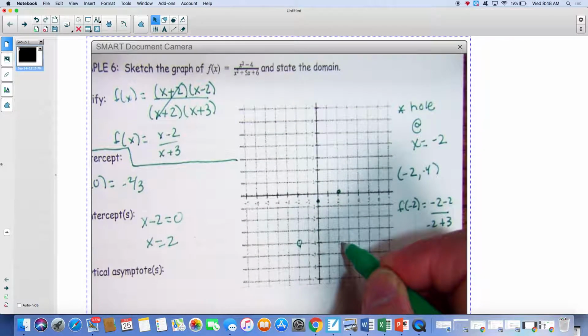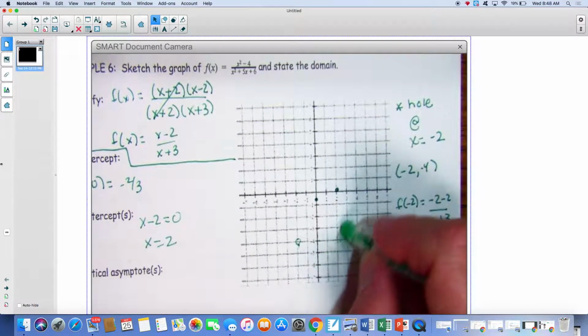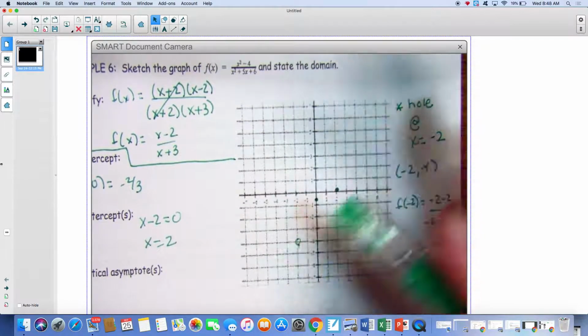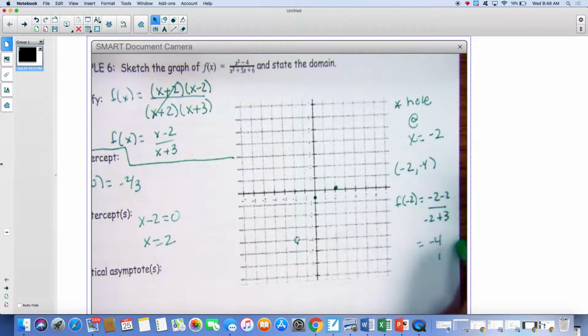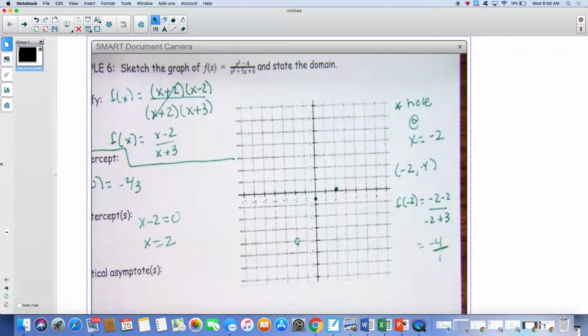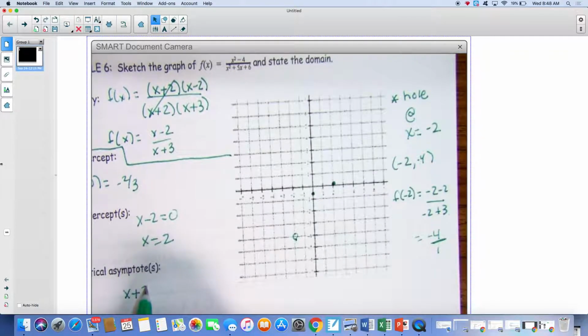I plotted 2, negative 4. This is a 1. Yeah. Negative 2 plus 3 is 1. Vertical asymptotes are where? Where the denominator equals 0.